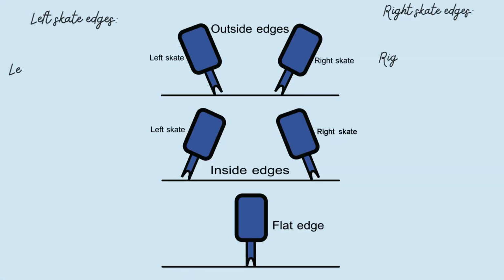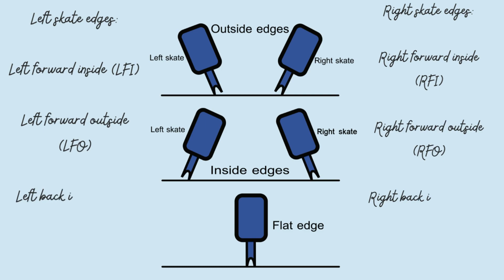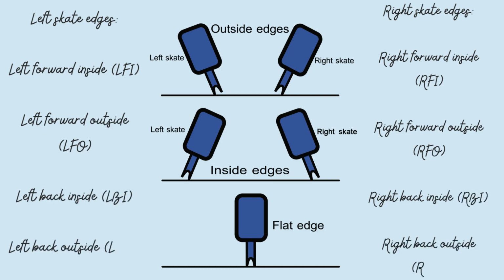Skaters have two skates, a right skate and a left skate, and I'm going to shorten these to L and R. There are also different edges, the inside edge and the outside edge. The inside edge, when the skater is on it, leans sort of into their body more, and when on the outside edge, they lean away from their body.